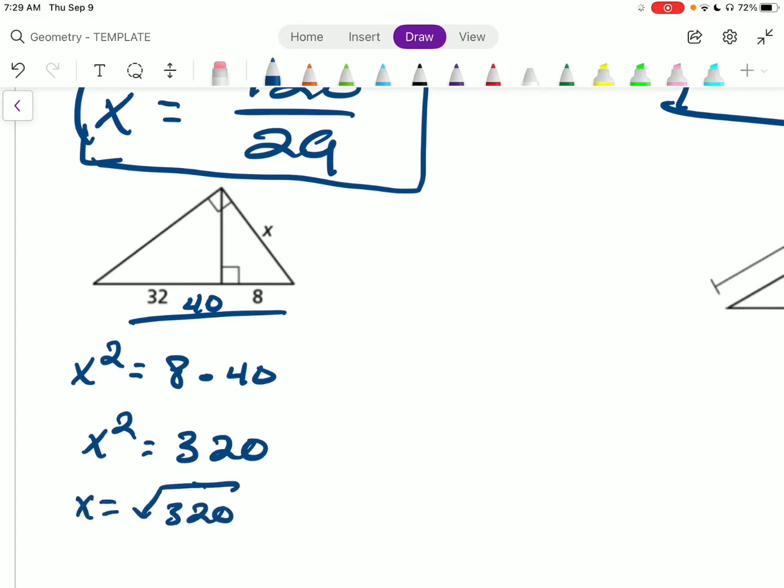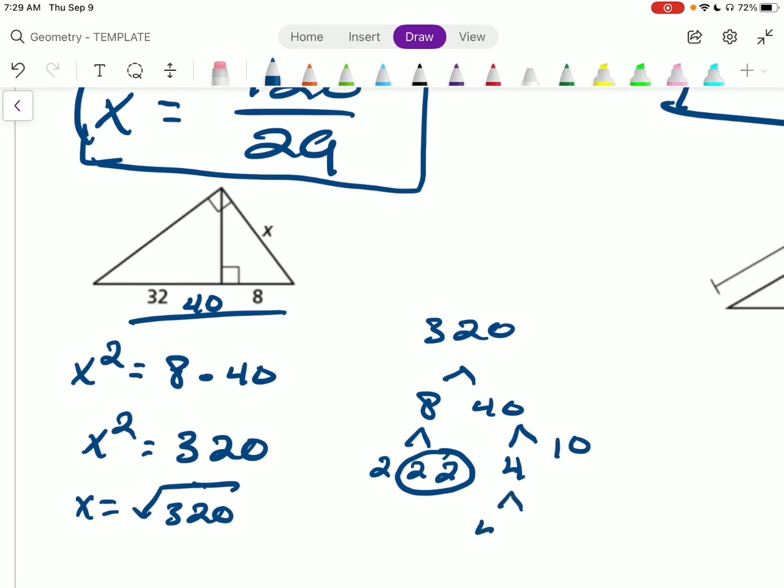So x is root 320. We need to break it apart. 320 I know breaks into 8 and 40. 8 is 2, 2, and 2. I have a pair of 2's there. 40 would be 4 and 10. 4 is 2 and 2, and 10 is 2 and 5.